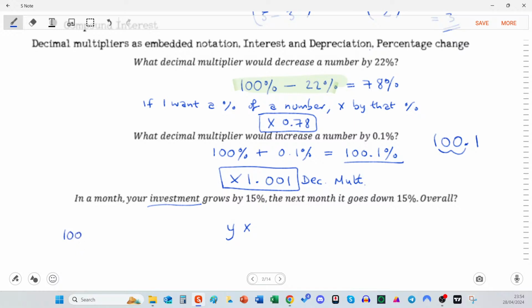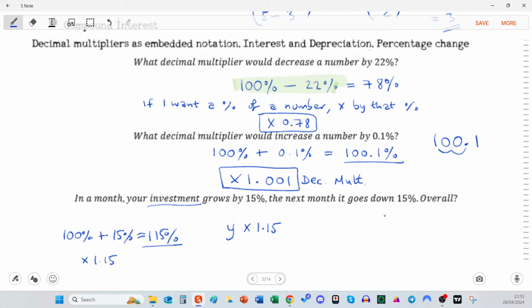Why? 100% plus 15% equals 115%. That is an increase of 15%. 115% is 1.15 as a decimal. So that's what happens in the first month. And in the next month, it goes down 15%.